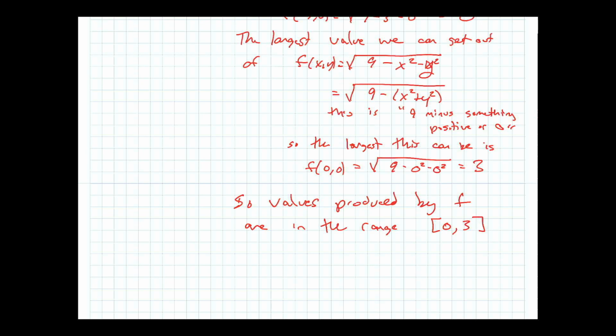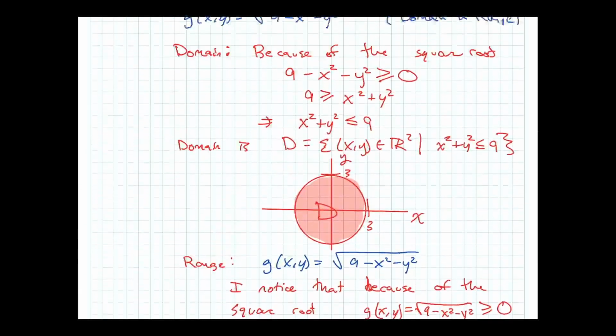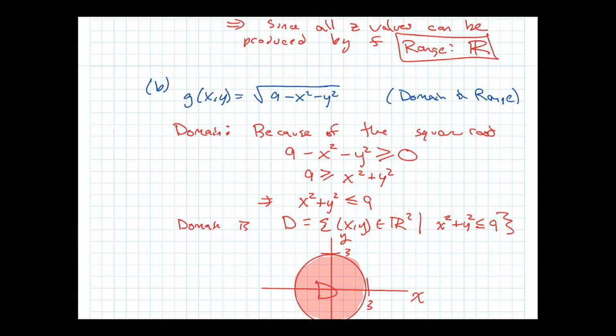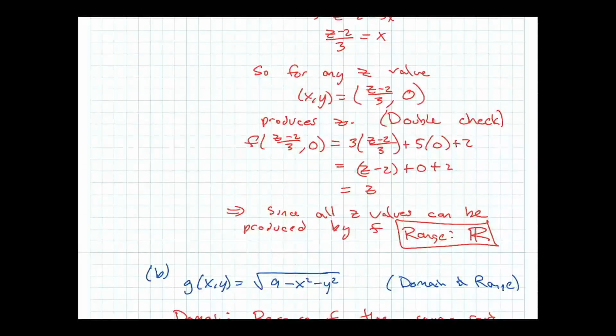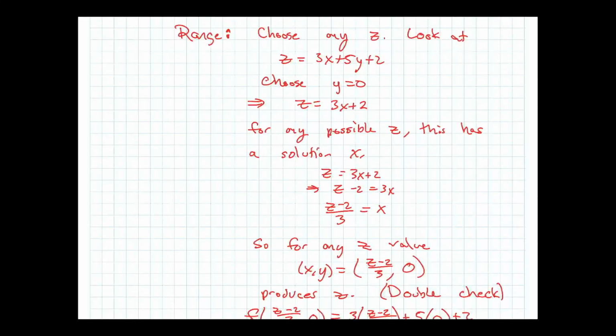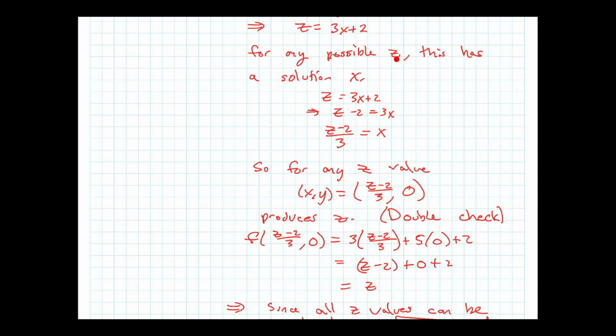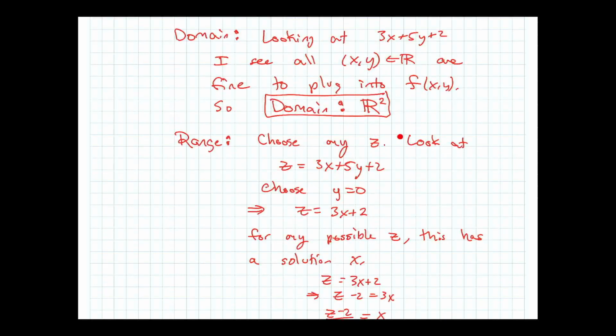You could also do it how we did up here on this one, where I just said, for any possible z, you can write out, choose any z, look at this.